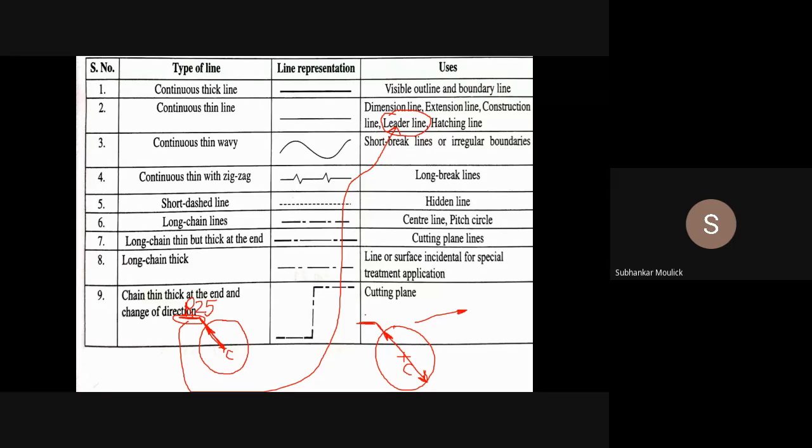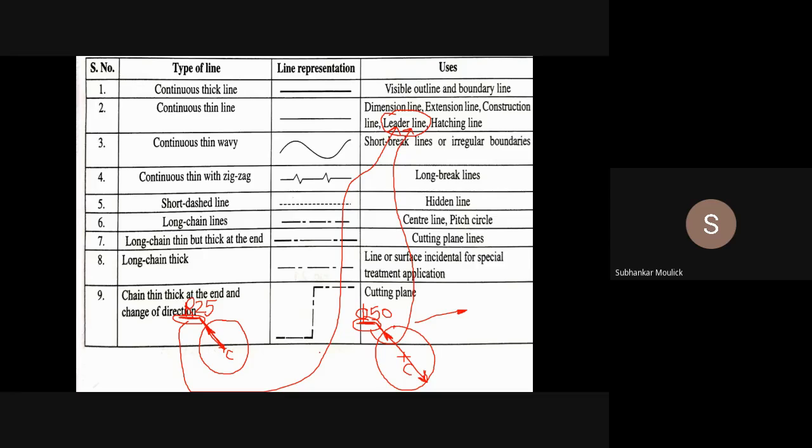Above this horizontal line, you will write phi 50. By this, a designer will understand that you have drawn a circle whose diameter is 50 mm, because diameter is represented by the symbol phi and radius is represented by the symbol capital R. Again, this particular line is known as your leader line.